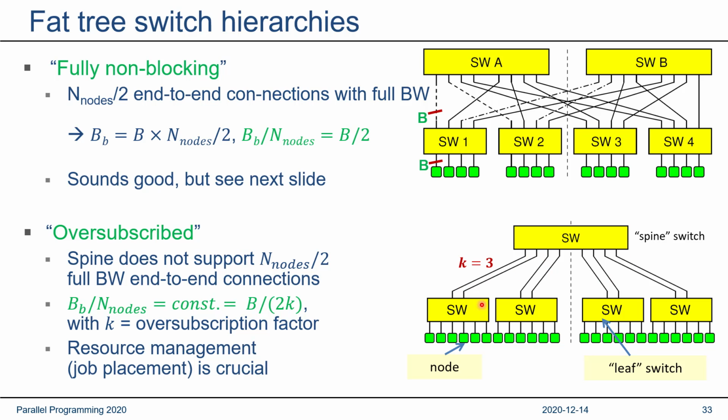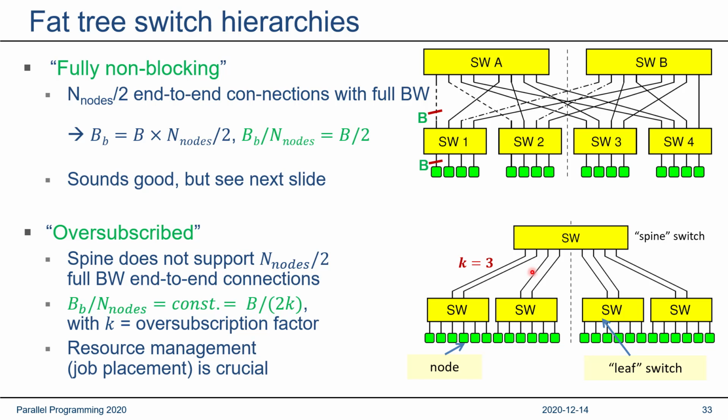However, you need less hardware. In this example, we have 8-port leaf switches. 6 of these ports are connected to nodes, instead of 4 up here, and there are only 2 ports available into the spine, which means we have an oversubscription of 3:1 leaf versus spine layer.